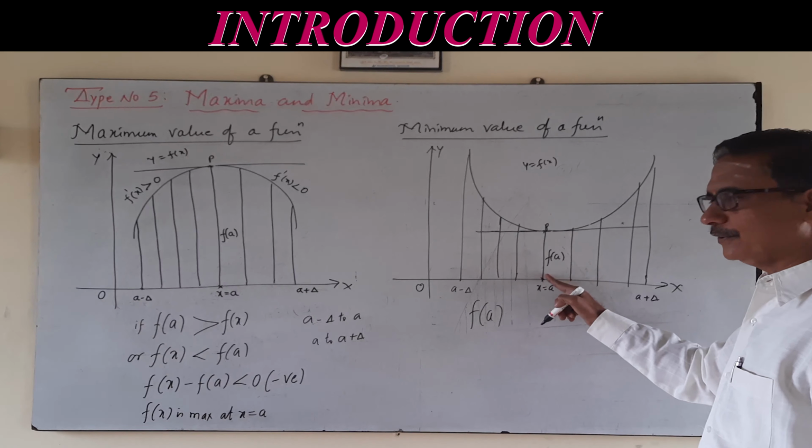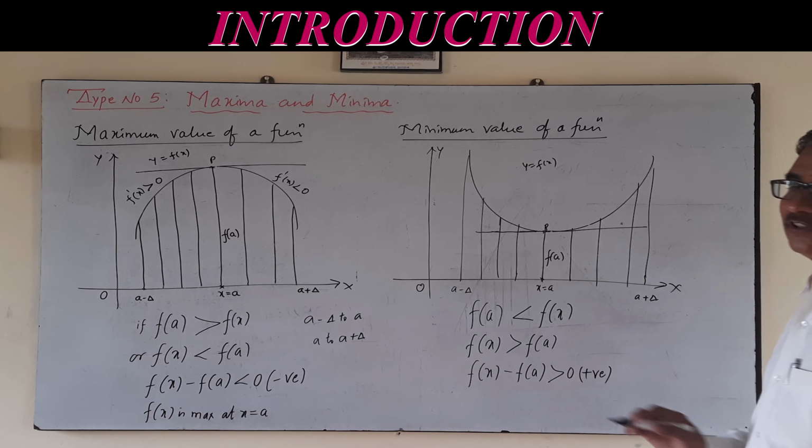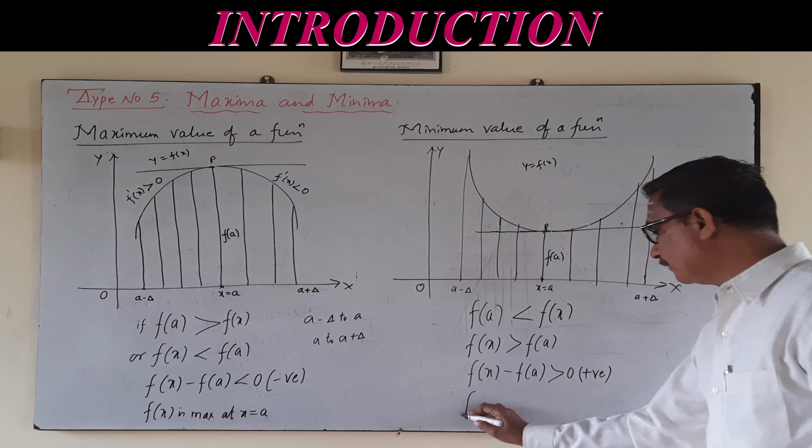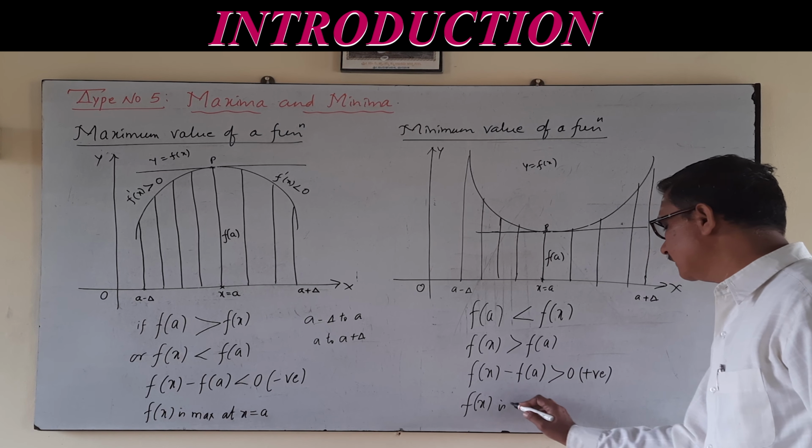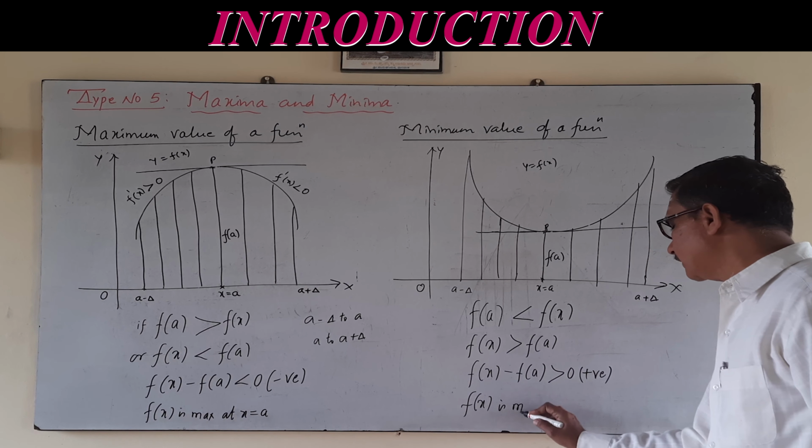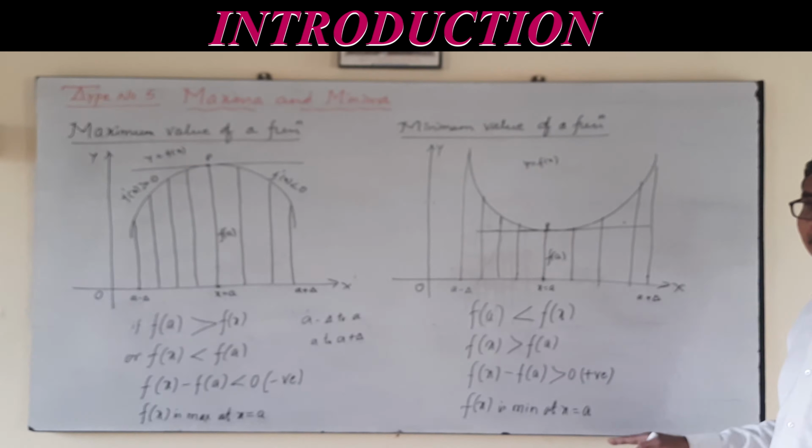That ordinate is less than the remaining values of the function f of x, or interchange: f of x more than f of a. Remove the inequality sign: f of x minus f of a more than 0. More than 0 means positive value. Then the function f of x is what? Minimum at a particular point, in general x equal to a.